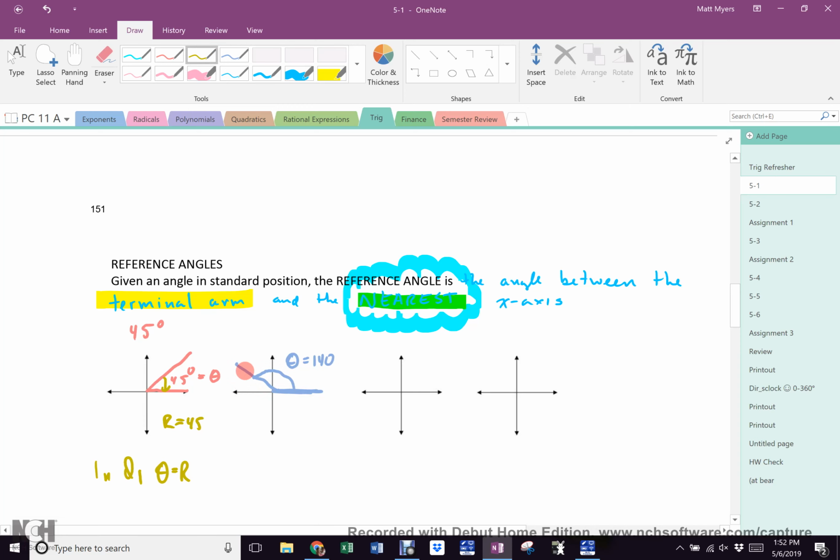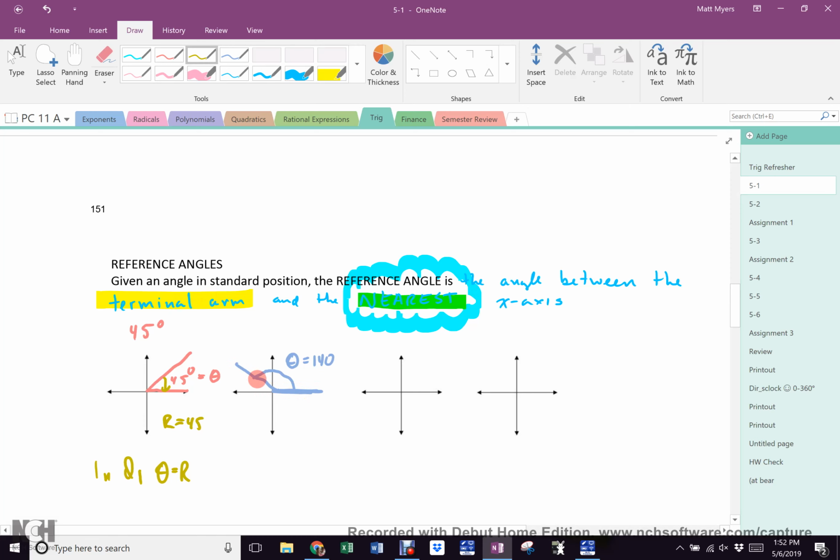This one or this one? The terminal arm. What does terminal mean? If somebody is terminally ill, what does it mean? They're going to die. They are approaching the end. When you get in a train, you get out at the terminal where your journey ends. So, which is the terminal arm? The horizontal or the diagonal? The diagonal, which means the reference angle is between the terminal arm and the nearest x-axis.